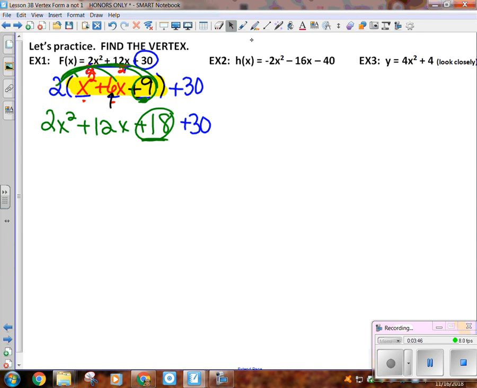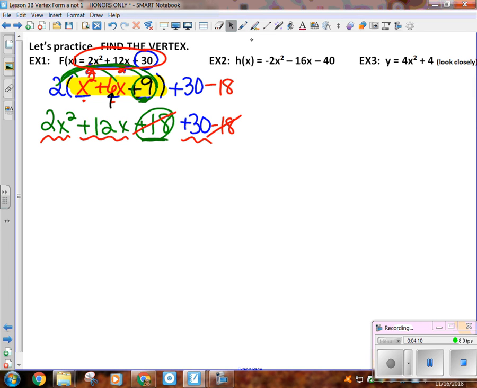So if I added 18 to the problem, then I'm going to come at the end and subtract 18. If I added the 18 and subtracted the 18, that would be basically like adding 0, and I'd still have 2x squared plus 12x plus 30, which is back to what the original problem said.